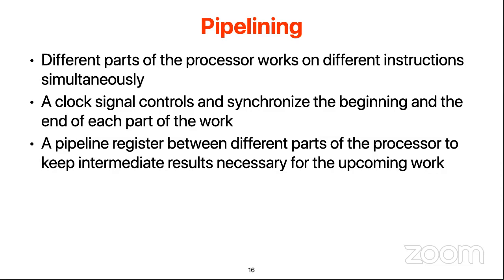And after he or she puts it into the oven, that's like a register or something. Then the second person would take your bread from the oven and ask you about the rest of the stuff that you need, so the rest of the stuff is kept in your mind. That's actually like a pipeline register, as well as the oven.